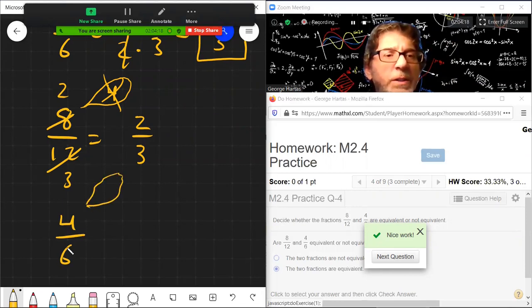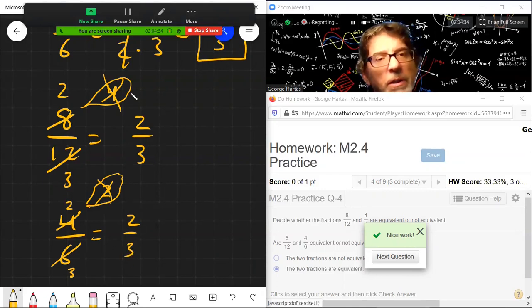And then 4/6, same thing. Biggest number that divides into both, 2. 2 divides into 4 2 times. 2 divides into 6 3 times. Cross this out, 2/3. So I think this is much faster. Some students get confused with this, probably because of the lack of polishing up of the multiplication facts.